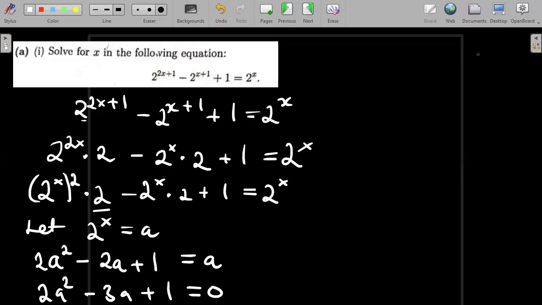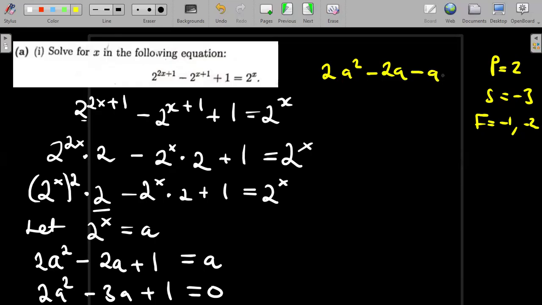Then I can solve for a here. So I must find a. So let's say my product there is 2, my sum is negative 3, which means my factors are going to be negative 1 and negative 2. When I add this, I get negative 3. When I multiply, I get 2. So I can replace that, and I'll have 2a squared minus 2a, like that, minus a plus 1 is equal to 0.